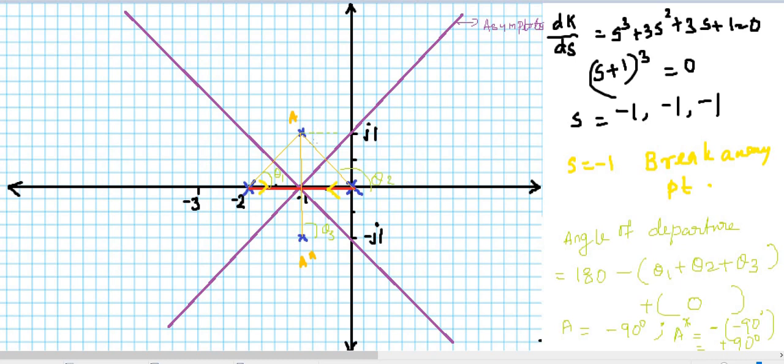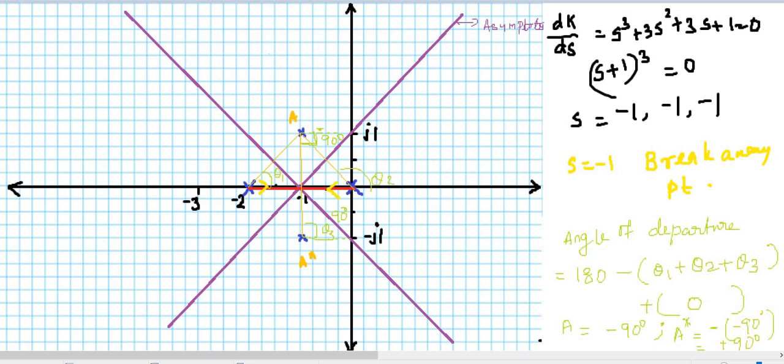Corresponding to this pole A, we can draw the angle of departure as minus 90 degree, and corresponding to this complex pole A complement, the angle of departure is equal to plus 90 degree.